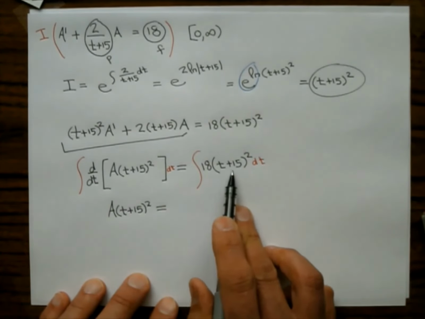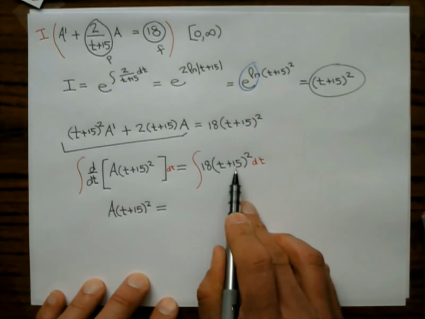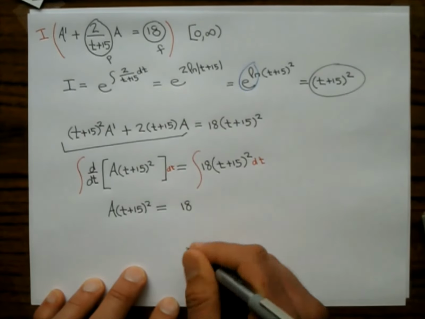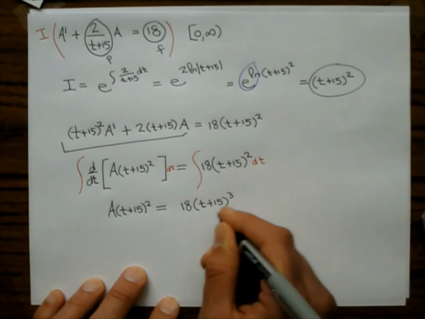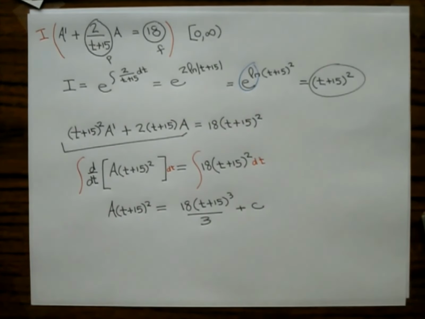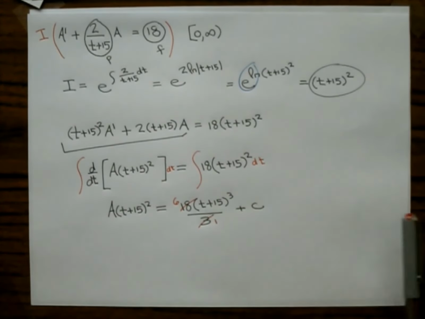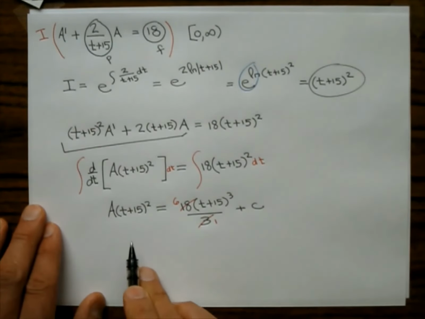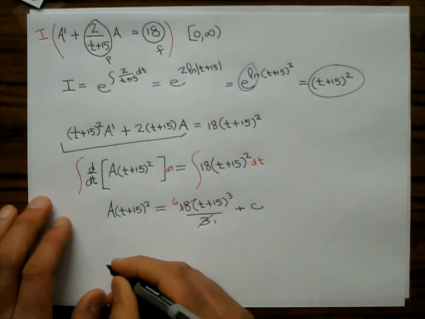I would do a u substitution. I'm going to eyeball this. So the derivative of t plus 15 is 1, so this is going to be 18 times this something to the third power over 3, and then we have plus c. The 3 in the 18 becomes 6 and a 1. And I'm going to divide both sides by t plus 15 squared, and I'm going to get the amount.